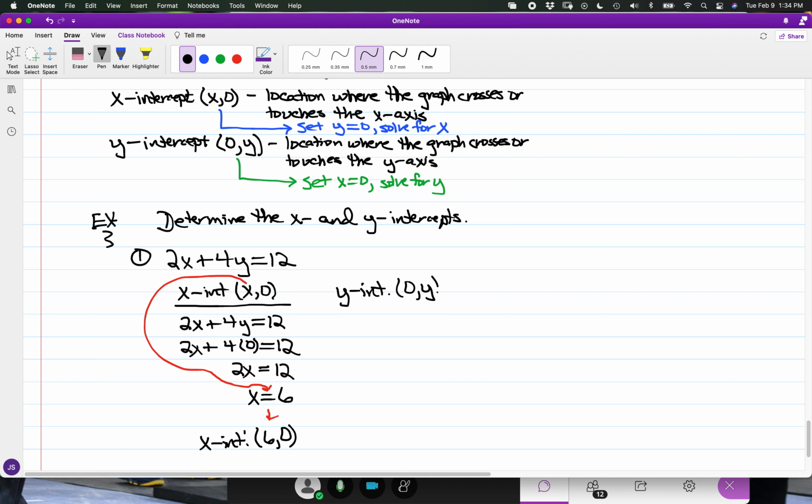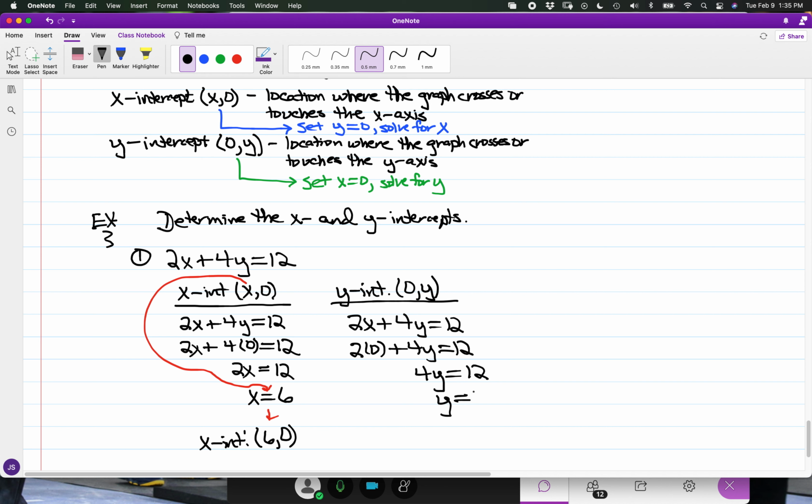So in terms of solving, we're working with the same equation. This time it is x that will be set to 0 and y which will be solved for. So again, 2 times 0 is 0. The left-hand side exclusively has 4y, and we have 4y is equal to 12.